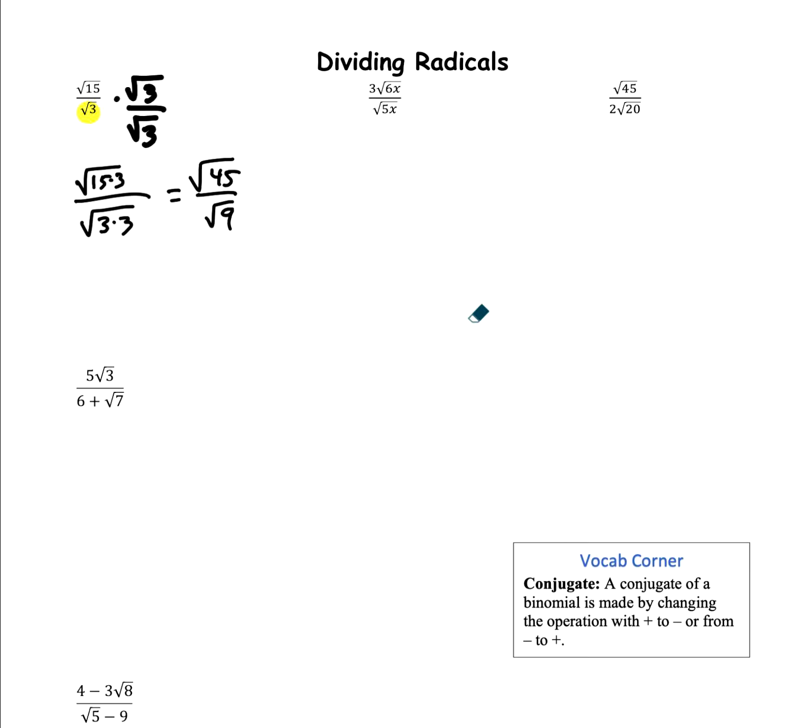Radical 9 is equal to 3. So I'm going to continue to simplify the top. That would be radical 9 times radical 5 over 3, which then simplifies radical 9 as 3 times radical 5 over 3. And the 3's cancel out to 1 and 1. So our final answer is just radical 5.